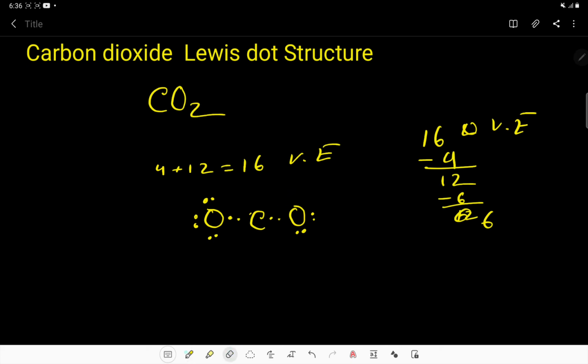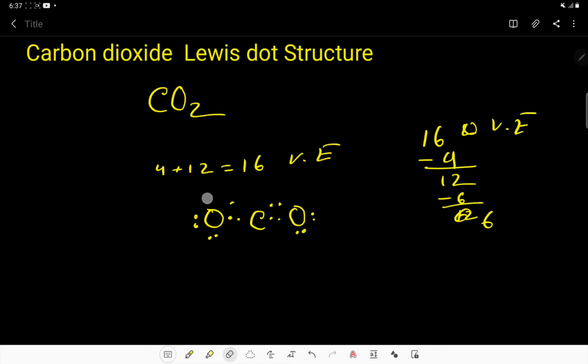So let us write, and then look, this carbon has 2, 4, 6 valence electrons, right? Okay, now we need more, so we'll use the word equalization. So we have taken valence electrons from this carbon, now we'll take valence electrons from this carbon, right?